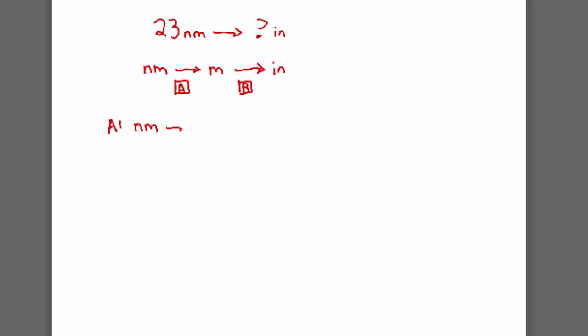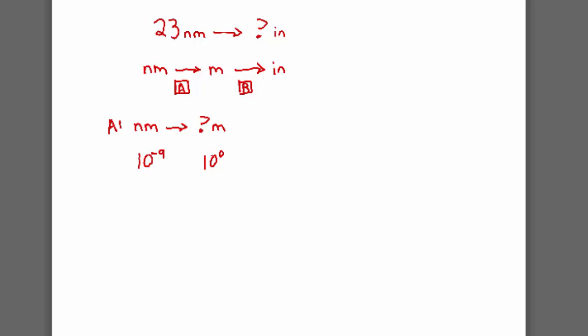So for the first conversion, nanometers to meters, I need to find some equality that tells me how much a nanometer is in a meter. In looking at the prefix nano, my power of 10 definition for nano tells me this is 10 to the power of minus 9. And meter is my base unit with no prefix in front.